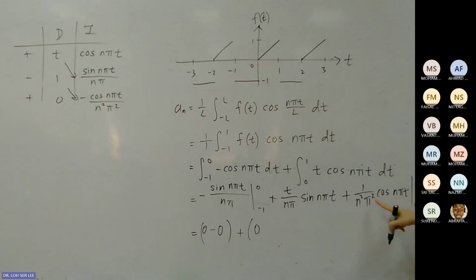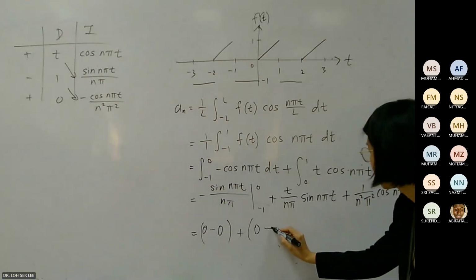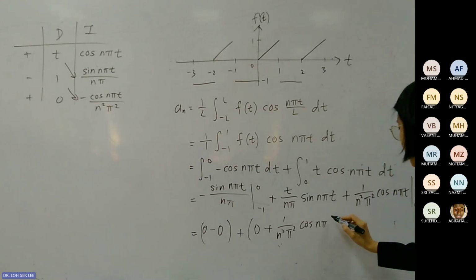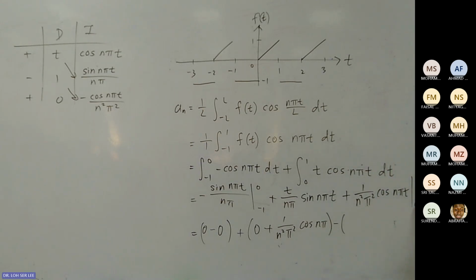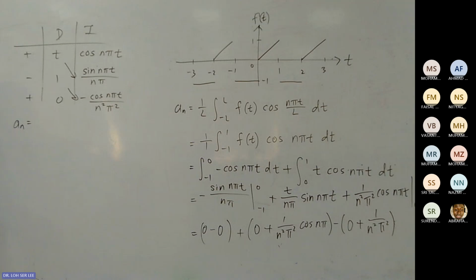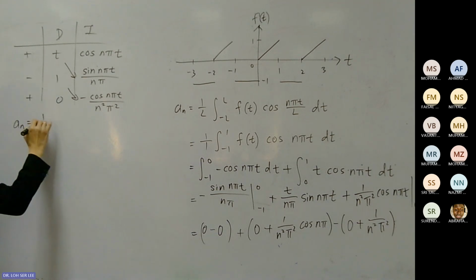1 into this t, you have cos n pi. Minus 0 into this t, 0. No matter it is sine 0 or 0 multiplied to the whole function, you get 0. Plus 0 into this t, cos 0 is 1. Okay, simplify. Your An will be this one.